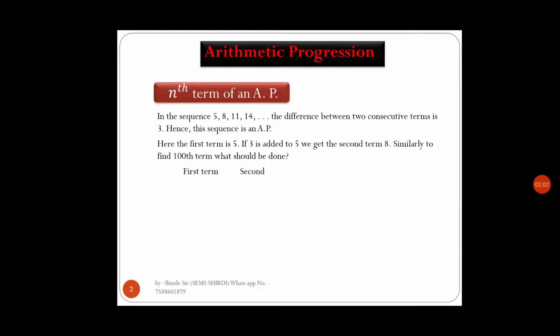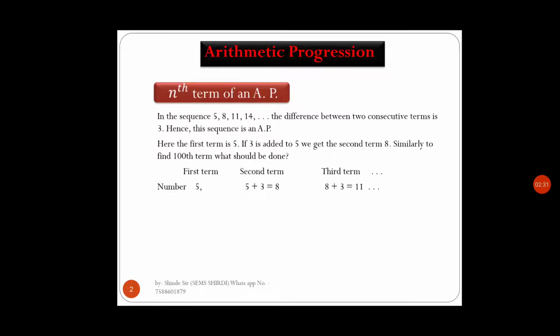Here the first term 5, the second term 5 plus 3 is 8, third term 8 plus 3 is 11. To find the fourth term, we add 3 to the third term, 11 plus 3 is 14, 14 plus 3 is 17, 17 plus 3 is 20.